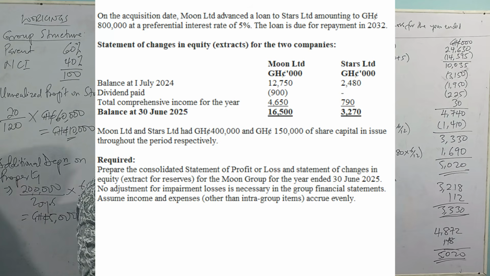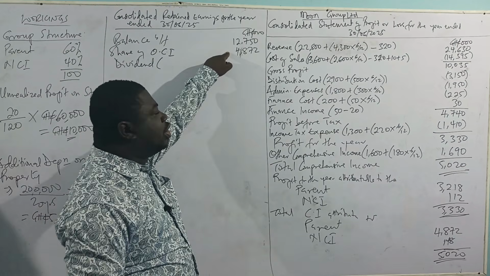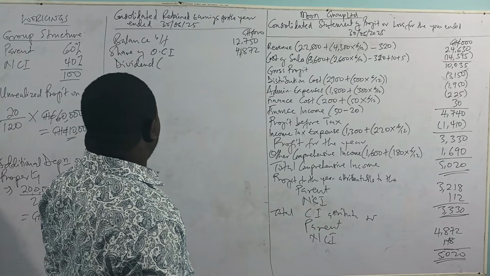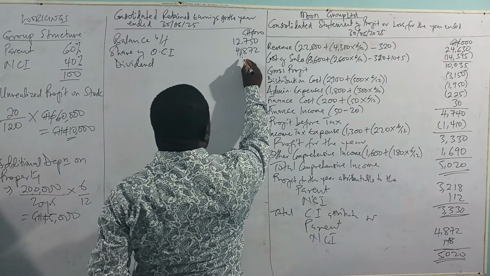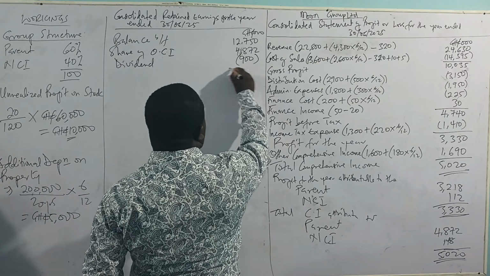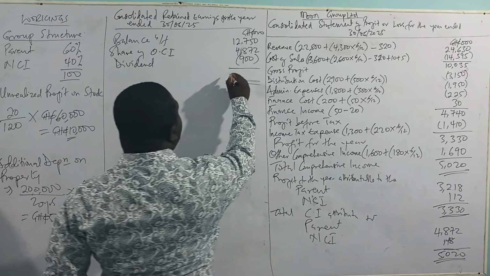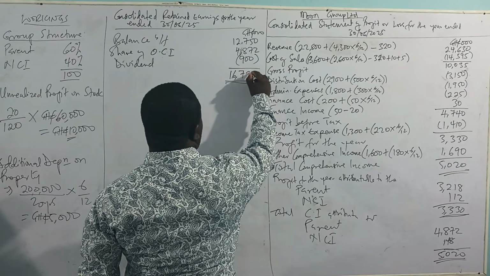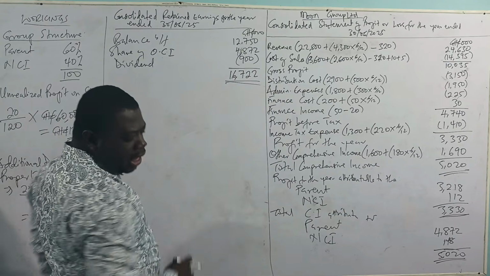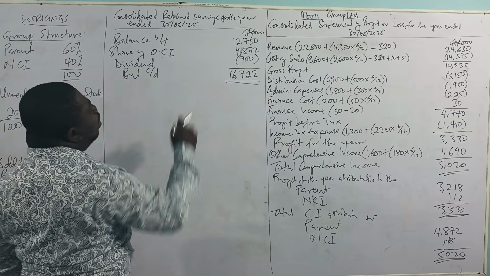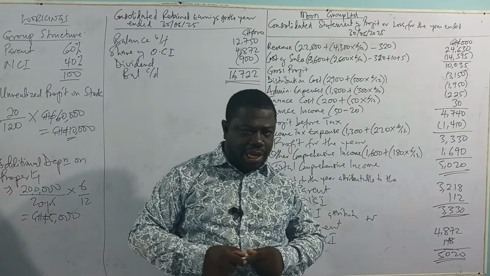So they are dealing with total comprehensive income. So I need to deal with their share of the comprehensive income, not of the profit. Now, the dividend payment was made as 900. So we take it out, and then the final answer becomes 16,722. So this becomes the closing balance, or the balance carried down for the consolidated retained earnings.